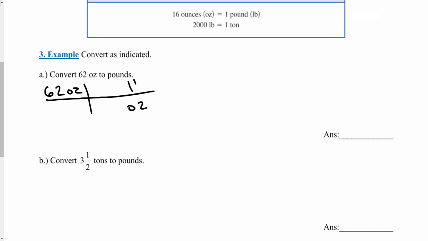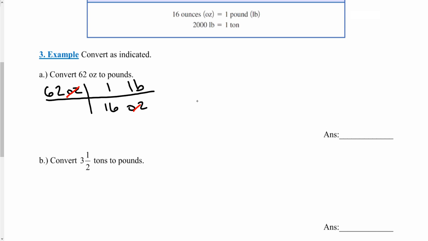That's a conversion I can do. So lbs, right? So we've got 16 ounces and 1 pound. Now we can cancel the ounces. Cancel, cancel. And what I have is 62 times 1 divided by 16. And if I do that, I would probably do that on the calculator. 3.875, I think.